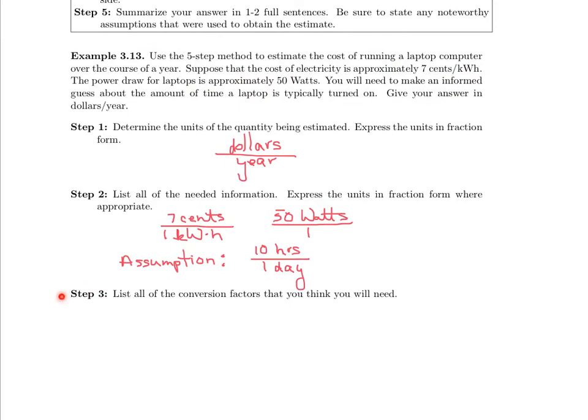Okay, let's look at step 3. Next, we need to list all of the conversion factors that we think we will need to know in order to make this estimate. So what we need to think about is, if these are the given pieces of information, and these are the given units, what conversion factors do we need to multiply these by in order to arrive at our desired units, which would be dollars per year?